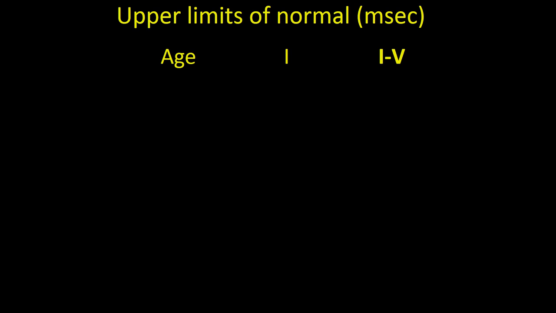In this frame, you can see the upper limits of normal that I think work for most children, that is, going from children to adult. But it must be stressed that every lab should develop their own controls. At term, the upper limit to wave 1 is 2.93 milliseconds, and the 1 to 5 interpeak latency should be less than 6.34.